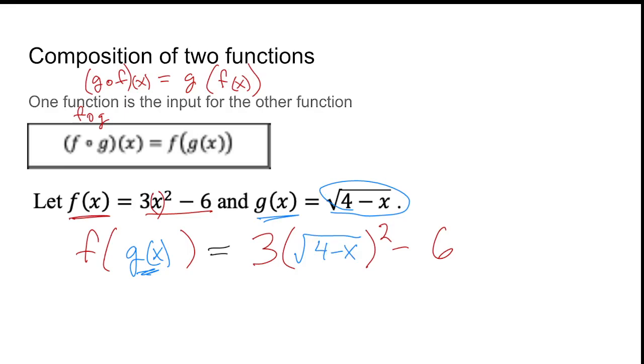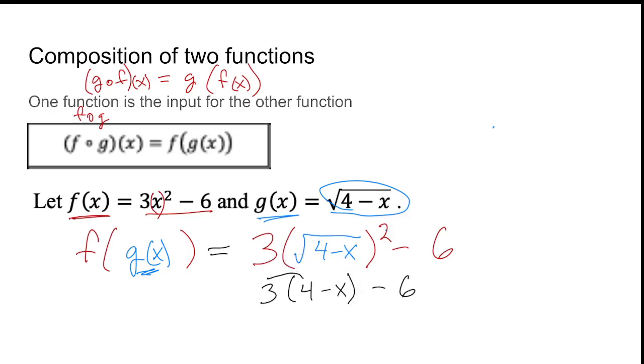And that's the composite. In a way we're done, but they also say simplify as much as possible. As we look at this, we square the square root, which means, following order of operations, the square root and the square cancel with each other, so we're left with 3 times 4 minus x, minus 6.